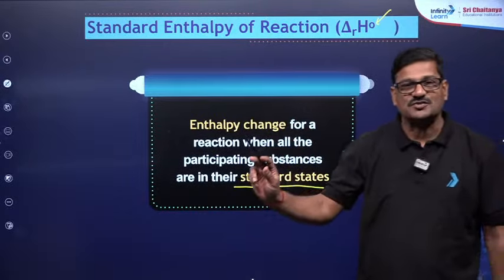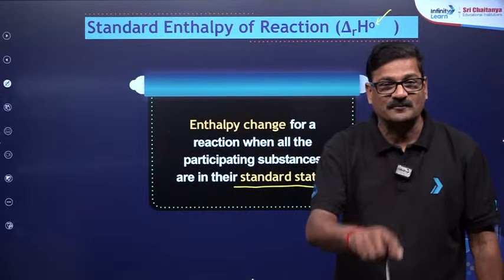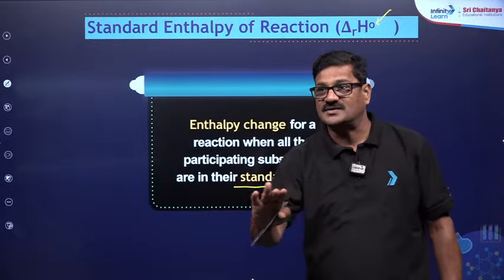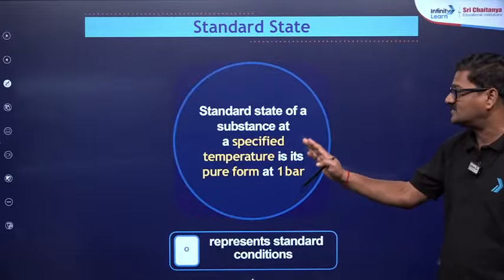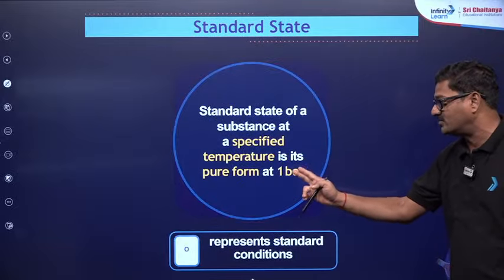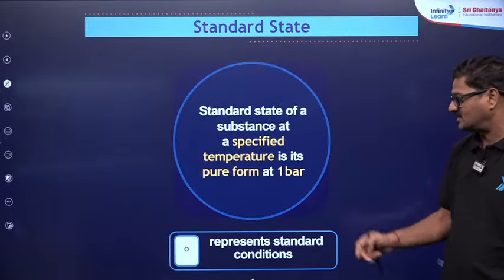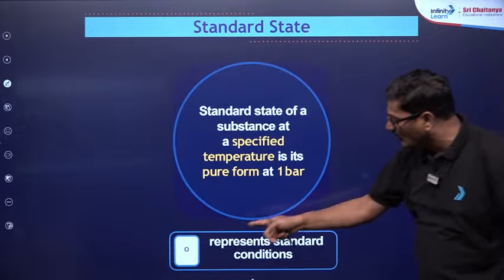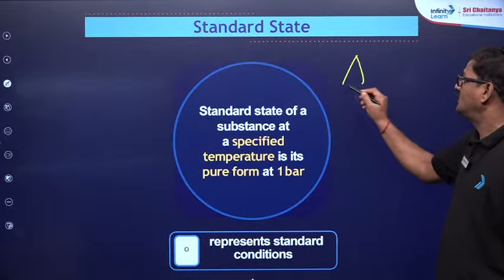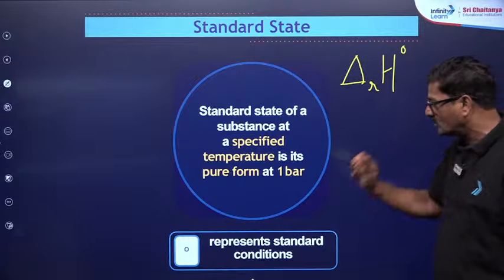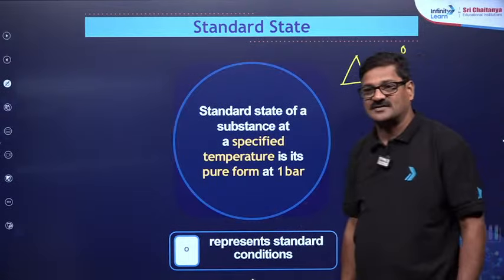When the temperature is 298 and the pressure is 1 bar, that is the thermodynamic standard condition. The thermodynamic standard state of a substance at a specified temperature is its pure form at 1 bar pressure. The naught you write represents the standard condition.